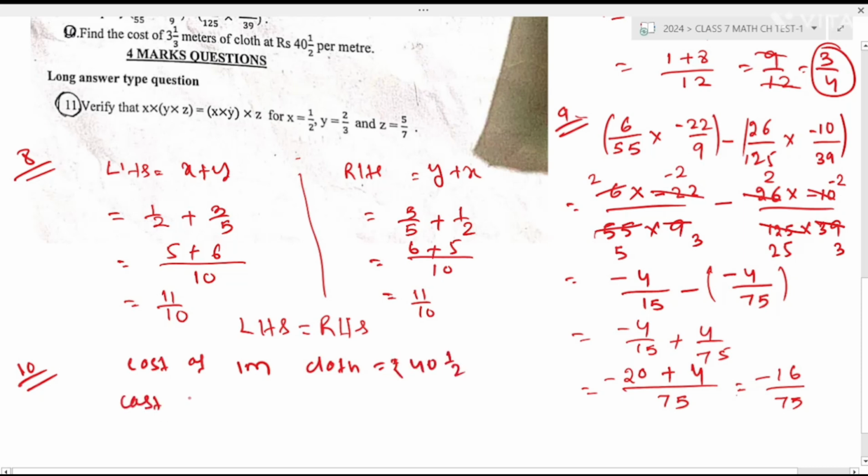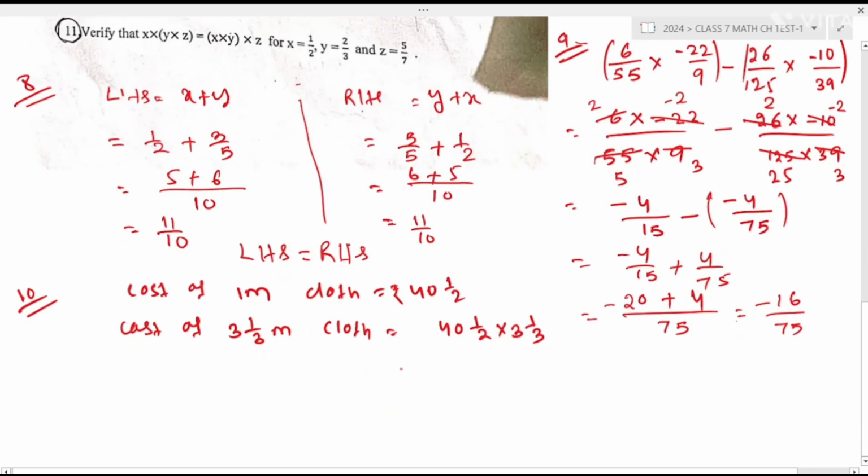Now to find the cost of 3 whole 1 by 3 meter of cloth, we multiply: 40 whole 1 by 2 into 3 whole 1 by 3. Converting into improper fractions: 81 by 2 into 10 by 3. So 2 fives are 10, then 3 nines are 27. So 27 into 5, 5 sevens are 35, 5 twos are 10, 3 ones are 3, that is 135. So the answer is 135 rupees.